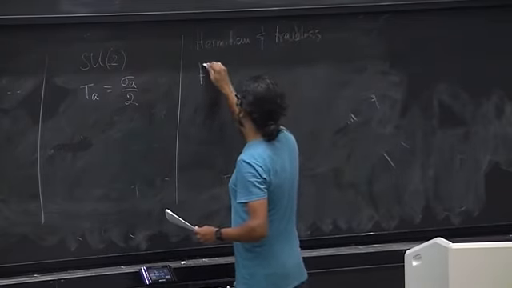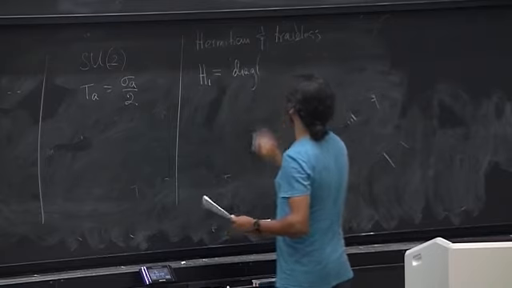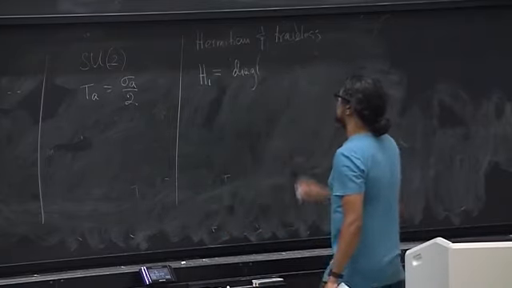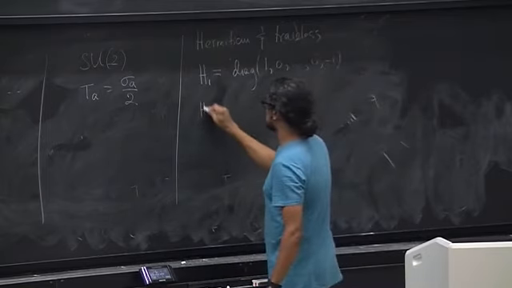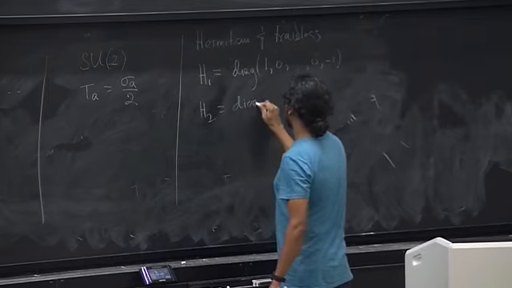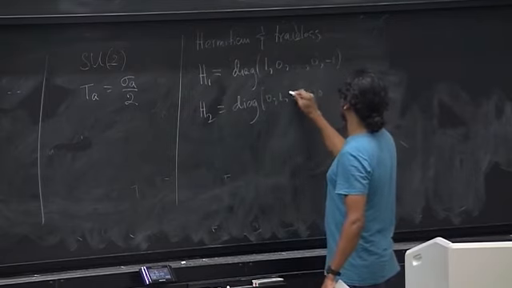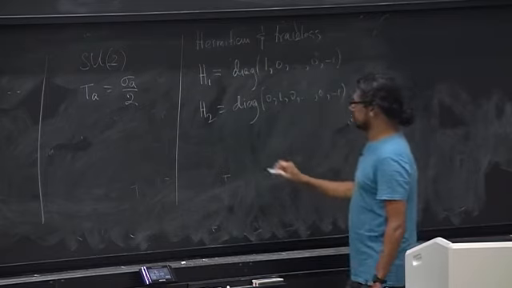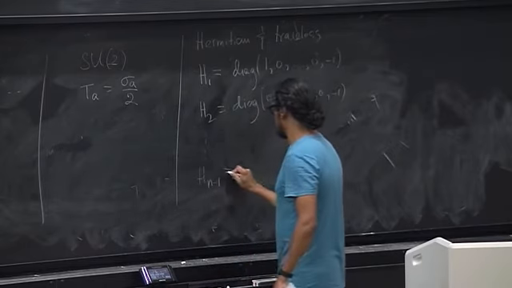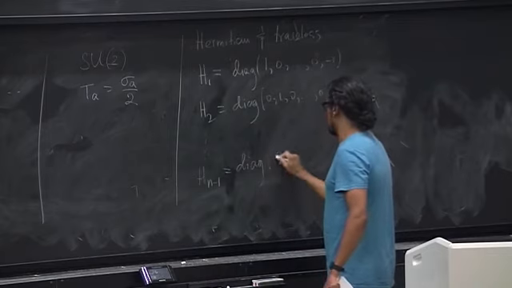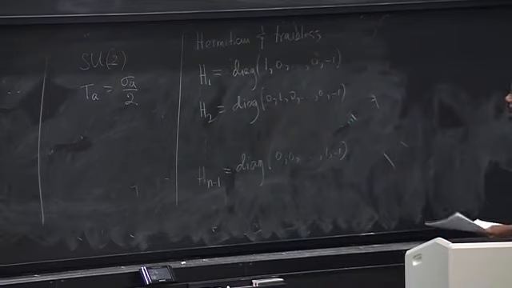So we can choose n minus 1 linearly independent diagonal matrices of this form, where I'm just keeping the last one minus 1 and changing the other diagonal entries.